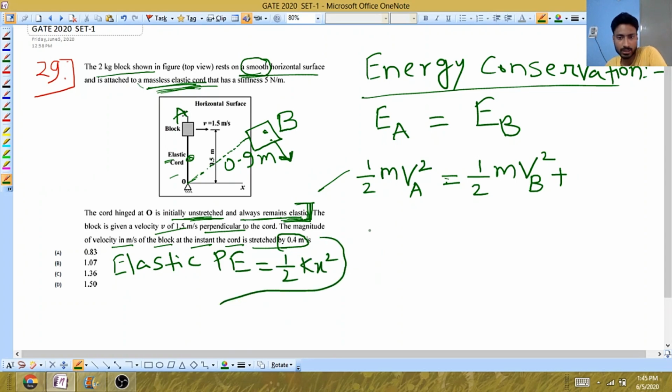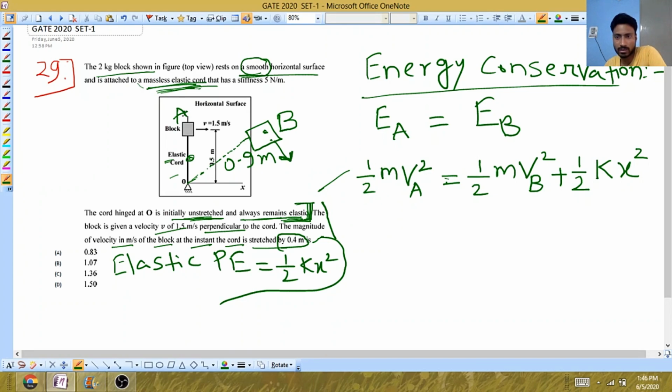You have studied this in physics and other subjects as well. So that will be half k, where k is the stiffness of this elastic cord, and x is the deformation or the elongation observed for the elastic cord from the natural position.